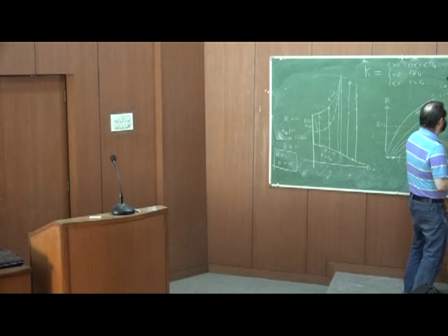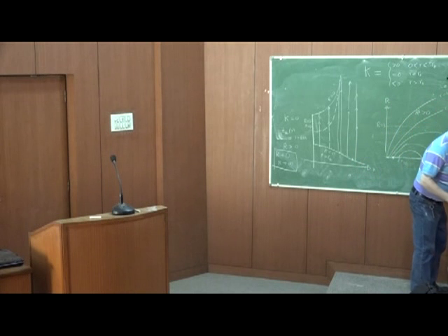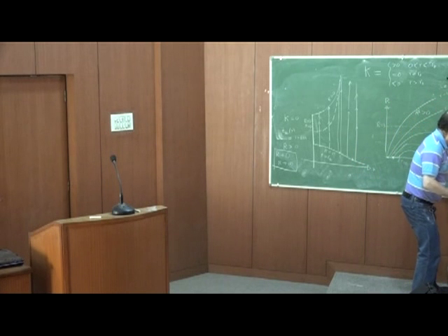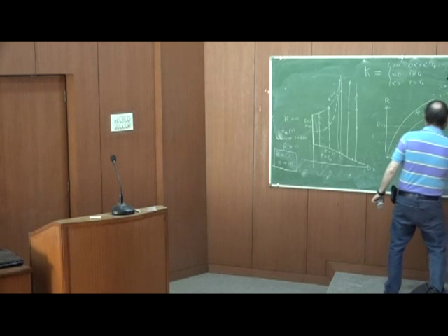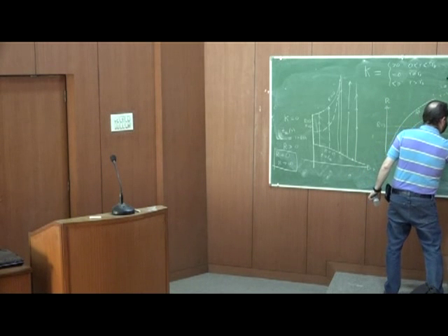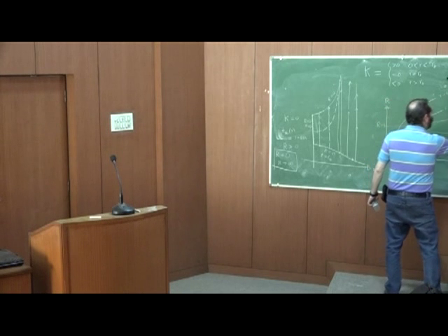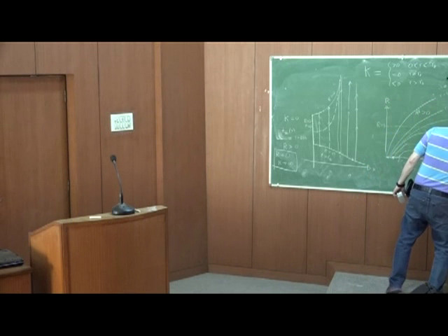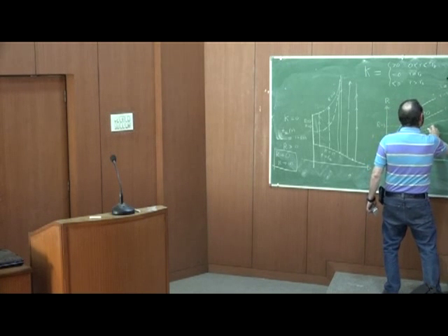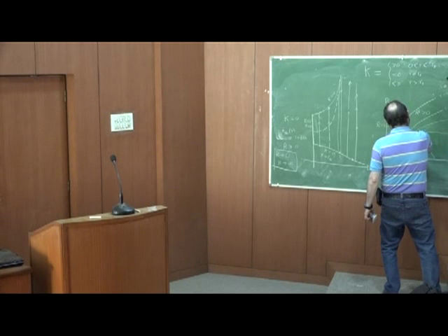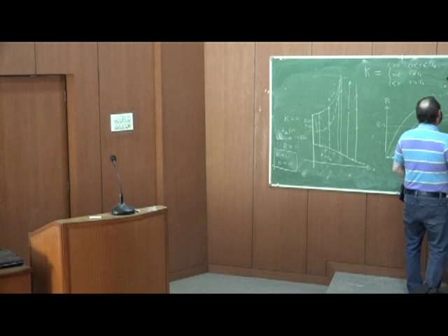Let me remove this, because this takes a long time in collapse. This one will take an even longer time to collapse. This one will take an even longer time to collapse, right?